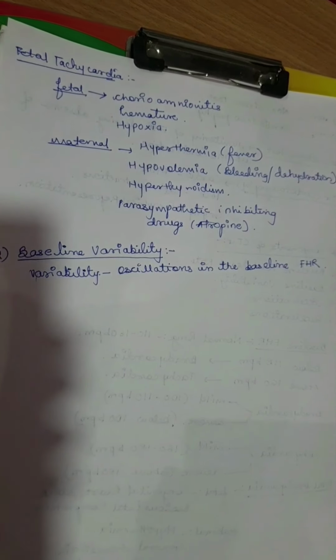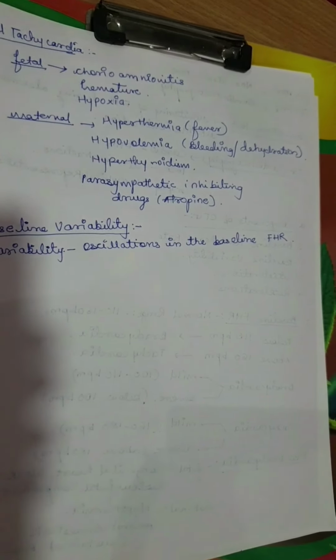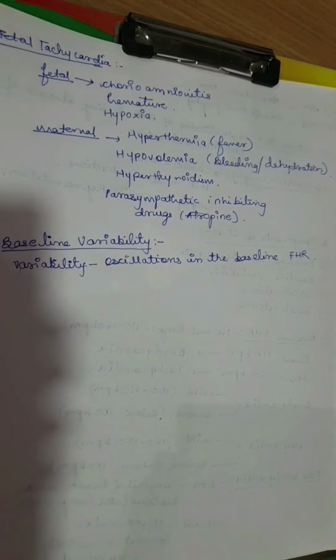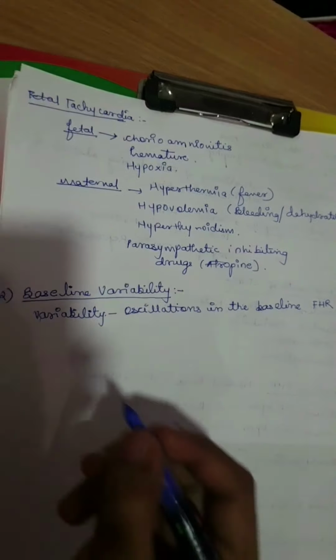Now, why do these oscillations or fluctuations in the fetal heart rate occur? See, there is development of the autonomic nervous system, and if this autonomic nervous system is properly developed, that is, the sympathetic and parasympathetic nervous system is properly developed, we will see fluctuations in the fetal heart rate. So there will be an increase and decrease in the fetal heart rate. If the sympathetic and parasympathetic are coordinating well amongst themselves, we will see the baseline variability.